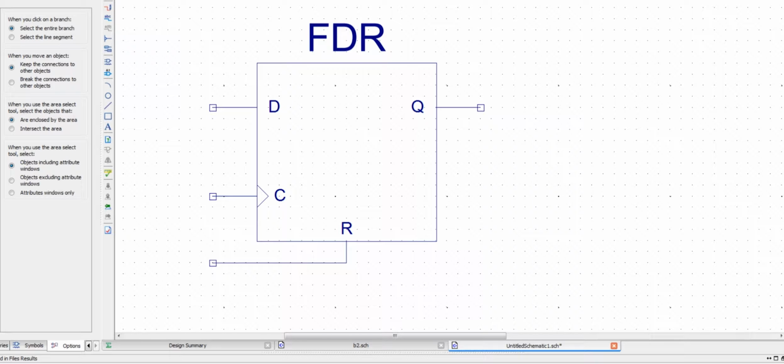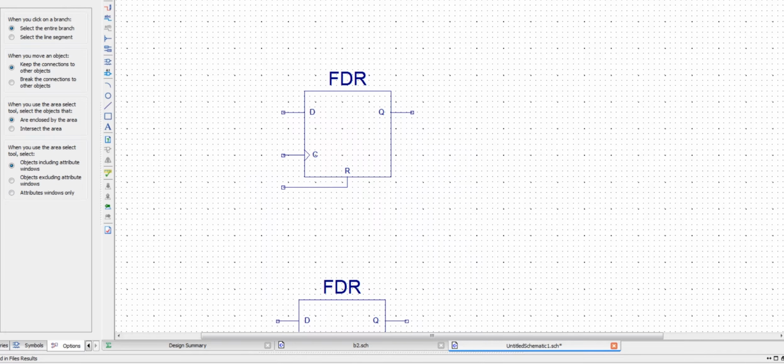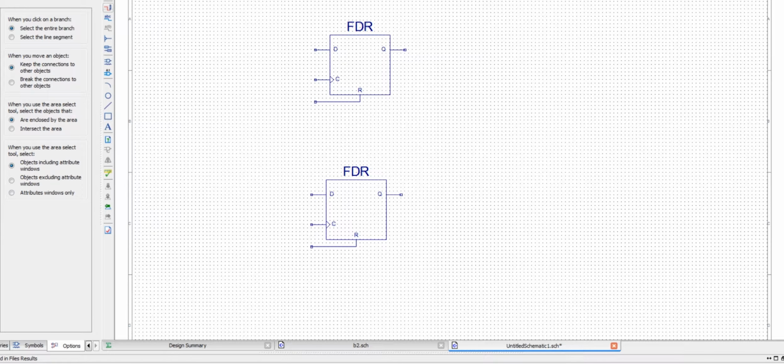This C is for the clock input, this Q is the output of the flip-flop, and this D is the input. But let's first name these flip-flops.